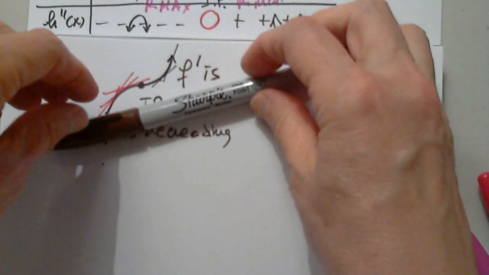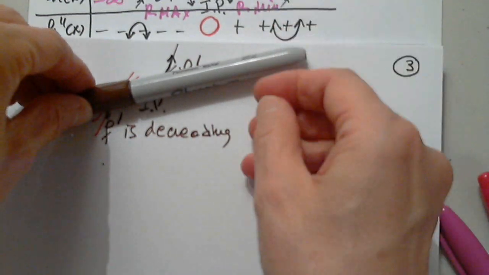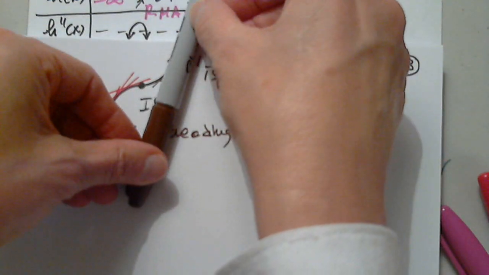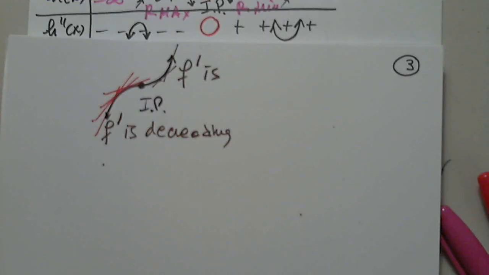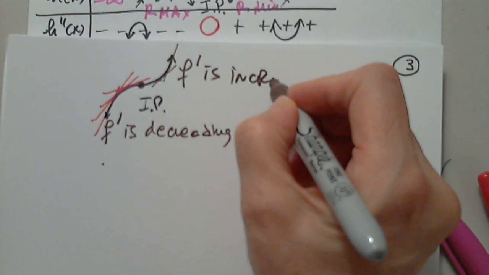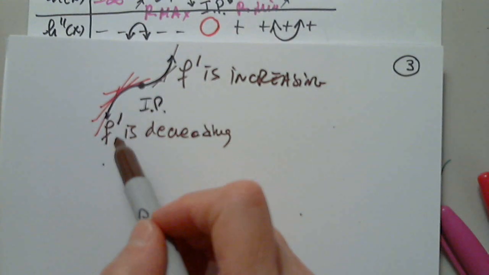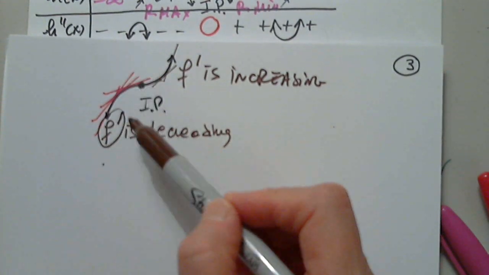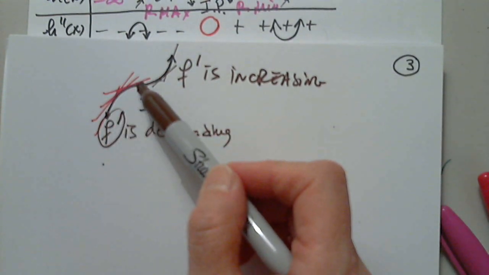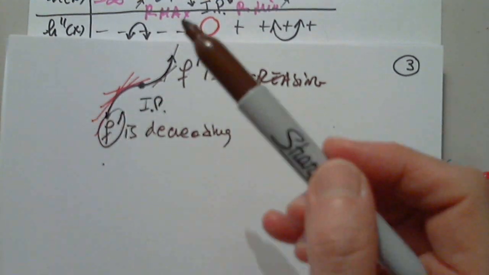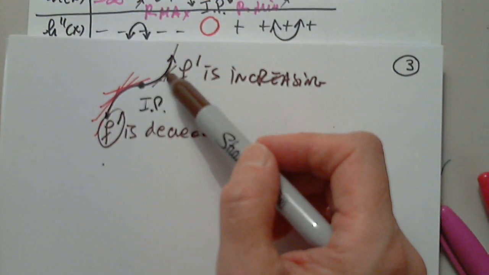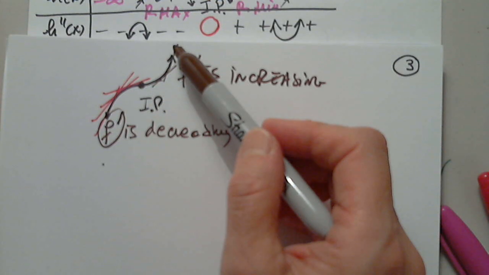Would you like to walk on this slope, or would you like to walk on this slope? Increasing. Yes. So keep in mind that the rate of change is decreasing when the function is concave downward, and it's increasing when the function is concave upward.